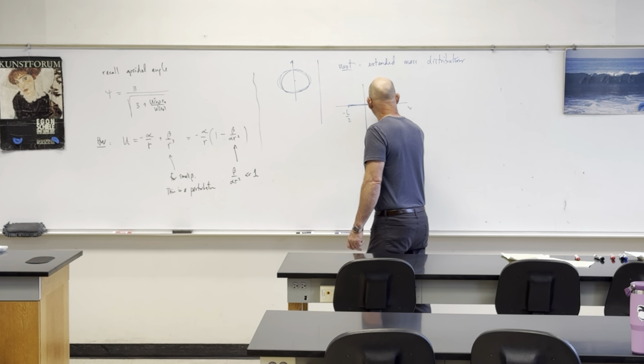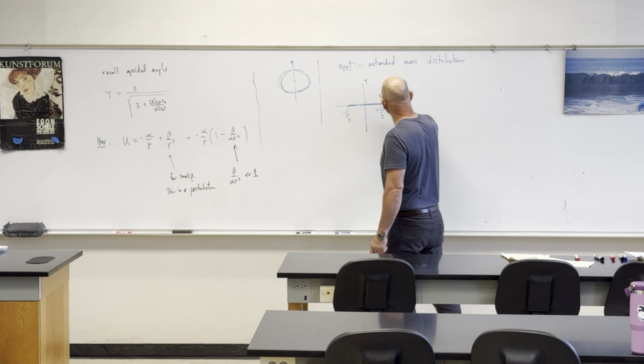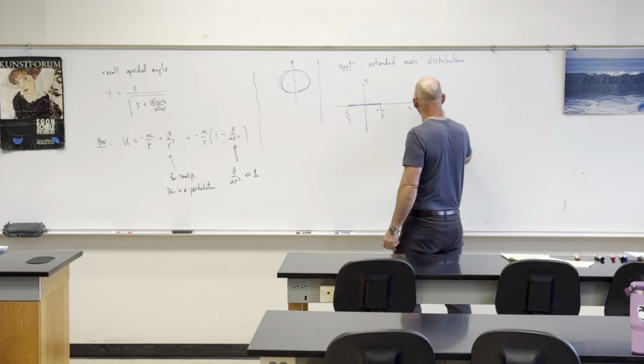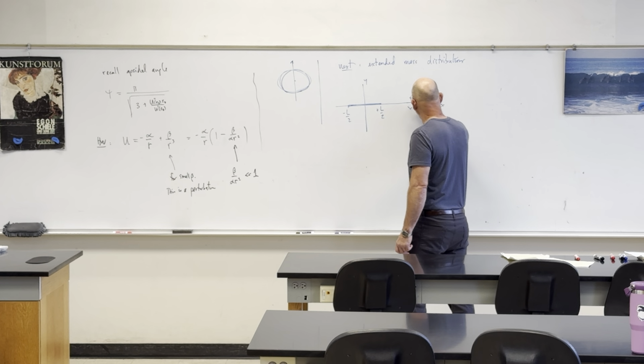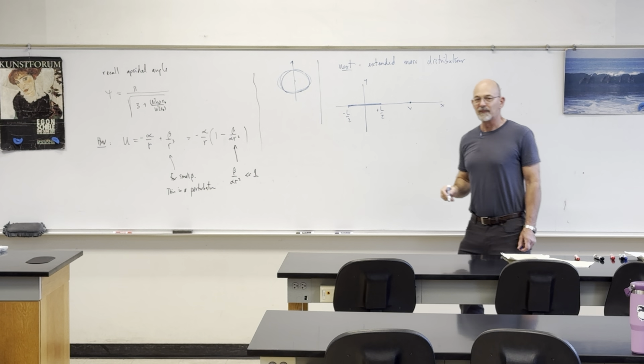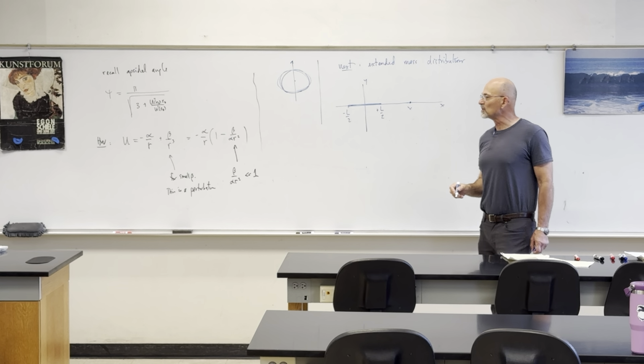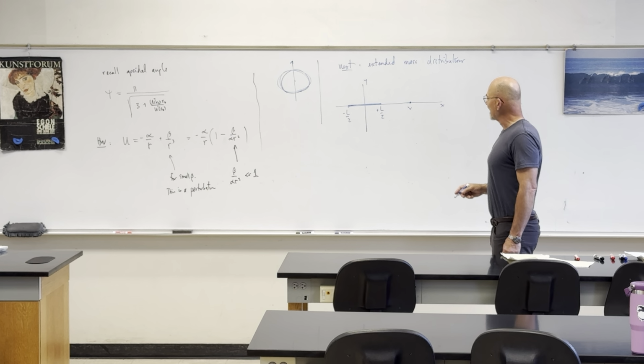And we're going to ask, what is the potential? Here's the x-axis. At some point x. What's the gravitational potential energy at some point x? And the way we'll find u of x equals question mark.